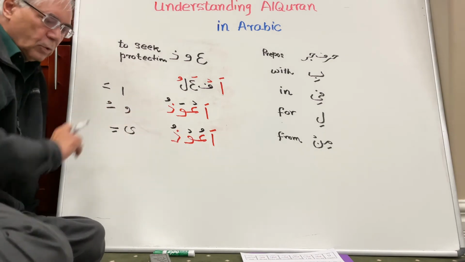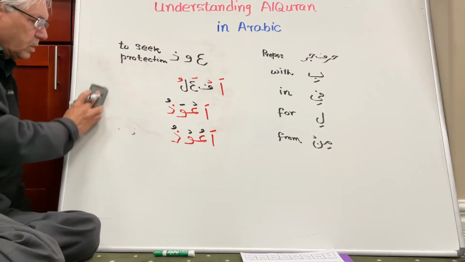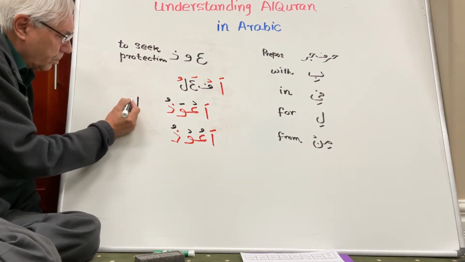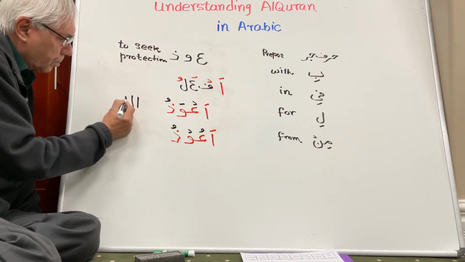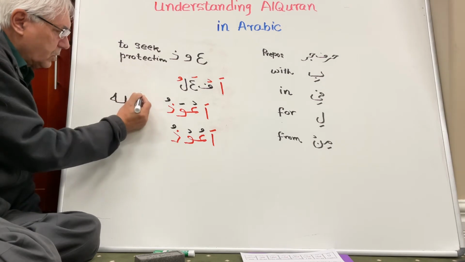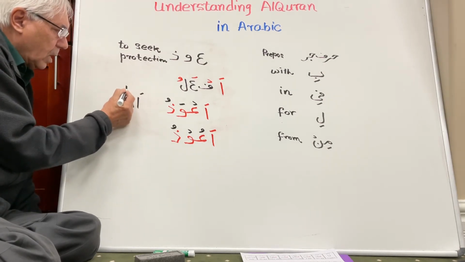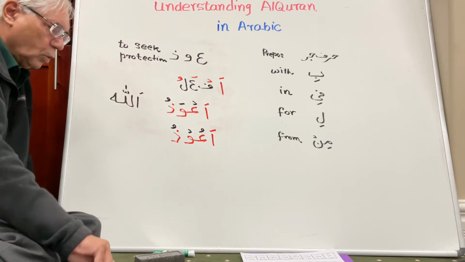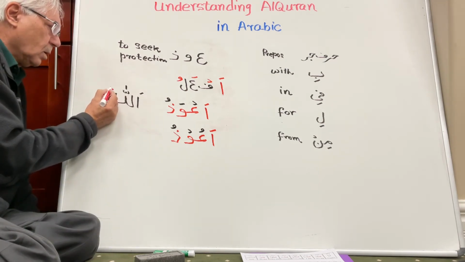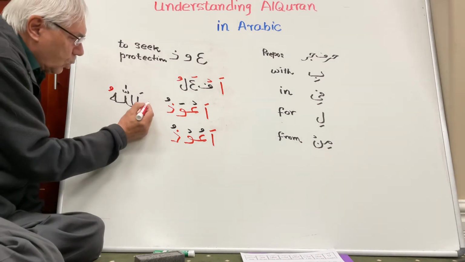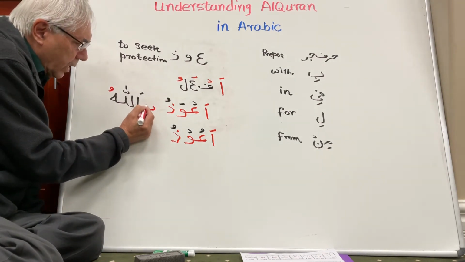Okay, so a'udhu. Now let's look at the word again. We studied this word yesterday, how this is created. Allah, who, last letter was a pesh, right? Allahu. Now I'm going to put be with that.